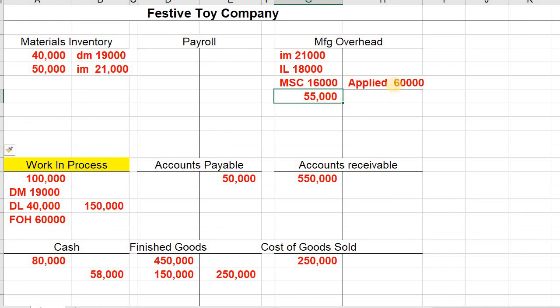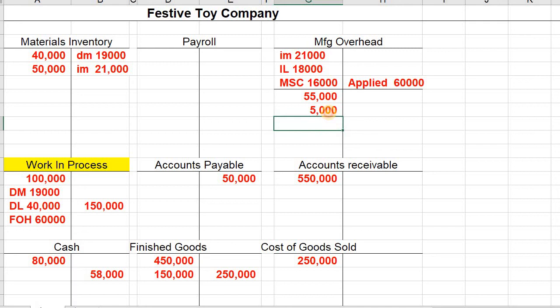So what do I have to do? I have to reduce my applied down to what I spent. So I can't take credits away. I give it a debit, $5,000. Now, what shall I adjust? Well, I've got to credit something. Think of where all these costs ended up. They ended up first in work in process, then in finished goods, and finally in cost of goods sold. So it must be cost of goods sold that is wrong.